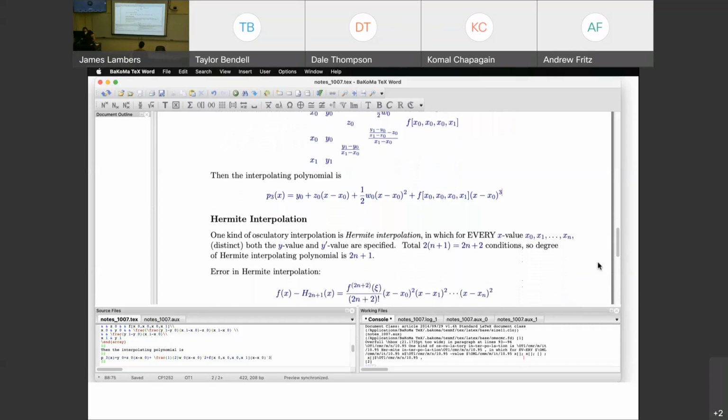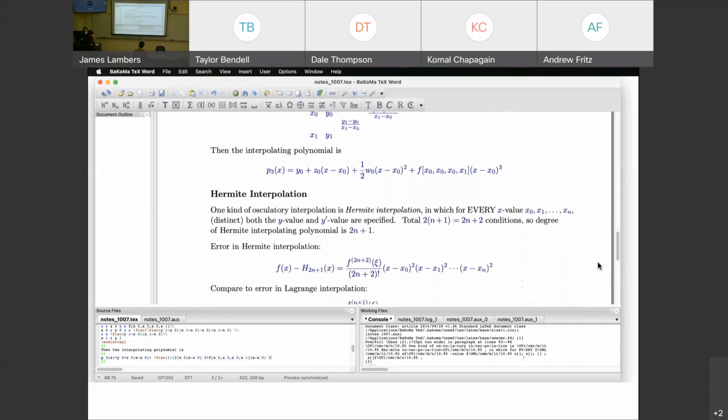All right, now, during the rest of the time, we'll talk about one particular type of osculatory interpolation, and that's called Hermite interpolation. So the idea in Hermite interpolation is that for every single distinct x value you have, so x0 up to xn, so these are assumed distinct, but you have two conditions on each point.